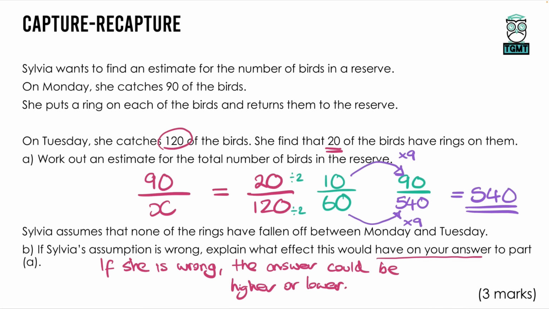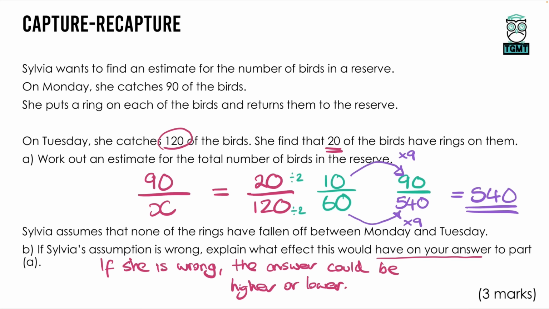Now, in this scenario, it is actually an interesting one because it does say this particular assumption. It says the assumption here is that none of the rings have fallen off. Now, if she is wrong and some of the rings have fallen off, well, actually it does affect our answer in one particular way. So we need to consider that with this question.